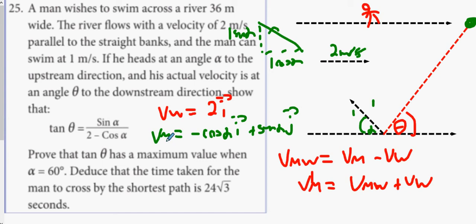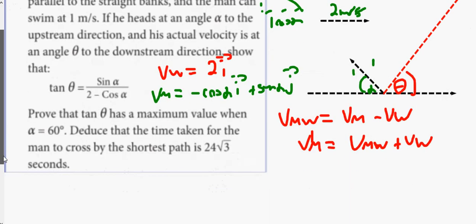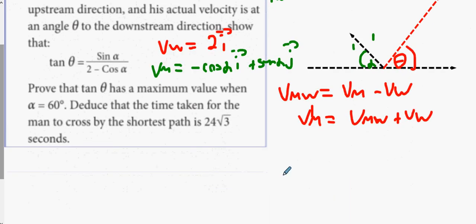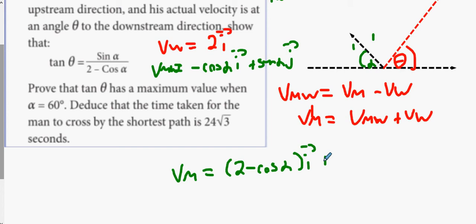Now, let's figure out the actual velocity of the man. Oh, sorry, velocity of man in water. Add the two of them together, and we get 2 minus cos alpha i, and then plus sin alpha j.